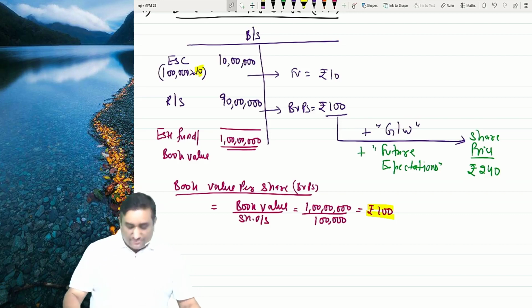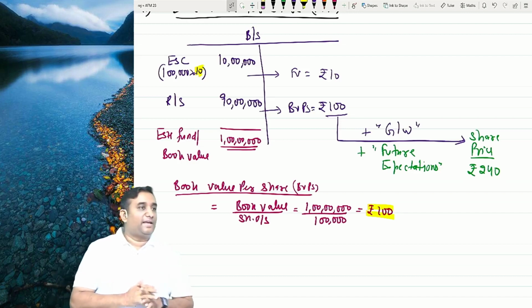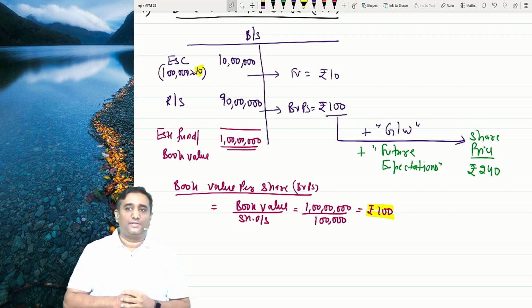If I ask you what is price by book value ratio here, PB. Price by EPS ratio, how do you calculate? Price by EPS. Price by book value, how do you calculate? If you calculate price by EPS, the P ratio, what comes first?